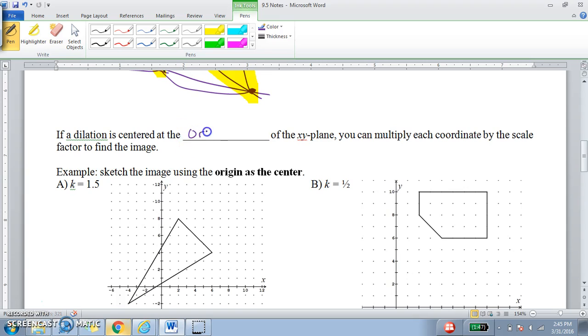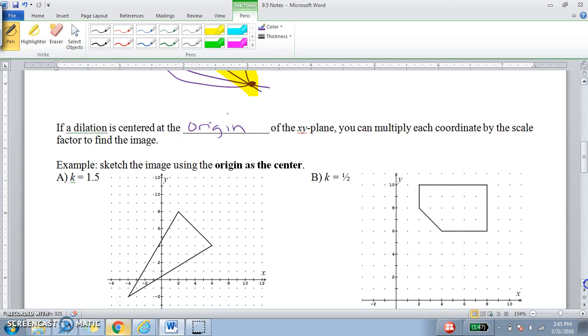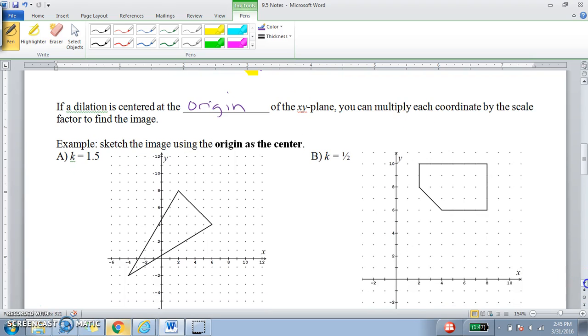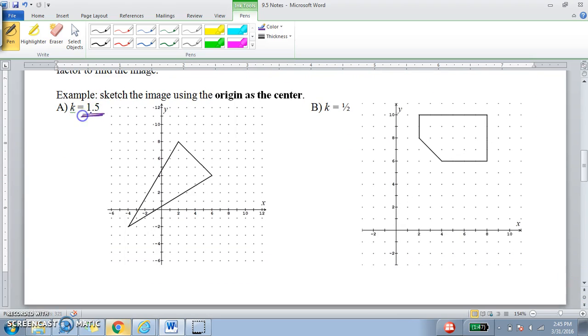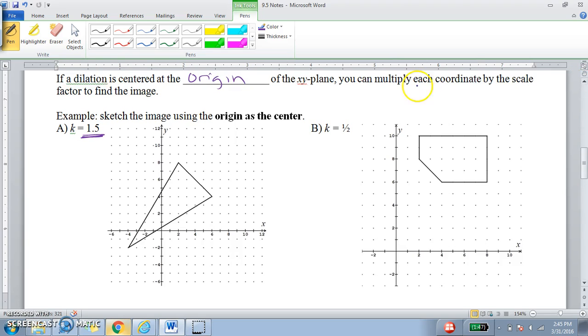So if a dilation is centered at the origin, much like with rotations, where we did rotations around the origin, if it's centered at the origin of the xy plane, all we need to do with our scale factor is take each coordinate, the x and the y, and multiply them by the scale factor to find the image. So this point right here is (2, 8). This point right here is (6, 4). This point right here is (-4, -2).